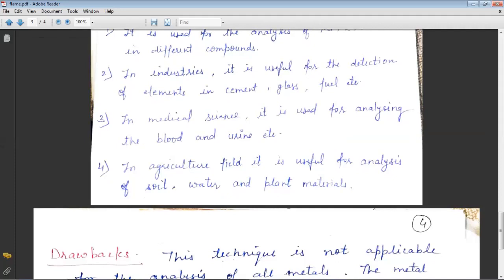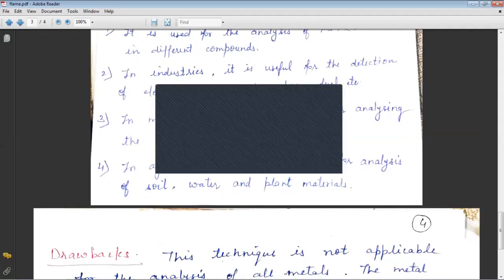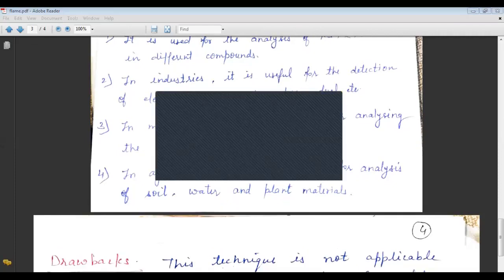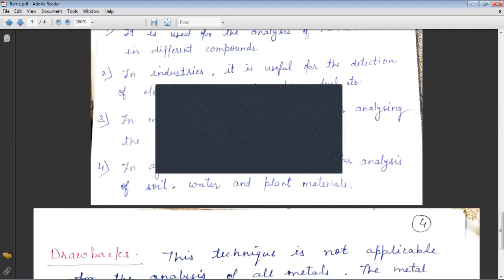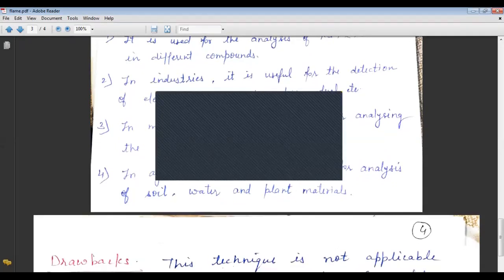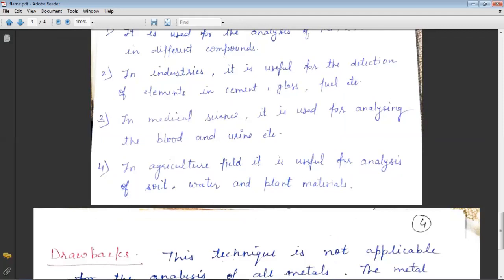These are the functions: to convert the analyte of the liquid sample into vapor state. Clear? Then the second point, to decompose the analyte into atoms and sample molecules. And one more point, to excite the formed free atoms to emit radiant energy. So these are the functions of the flame.